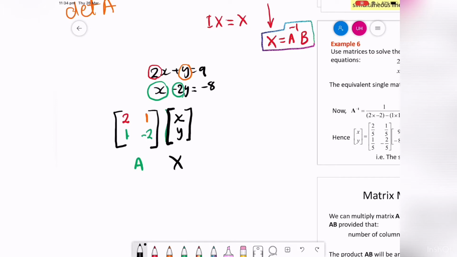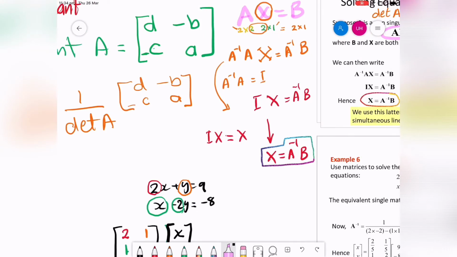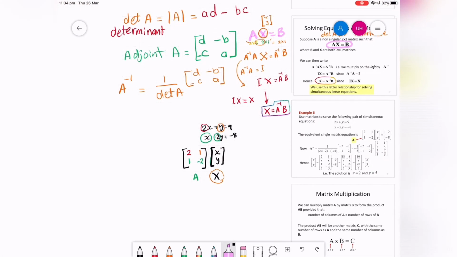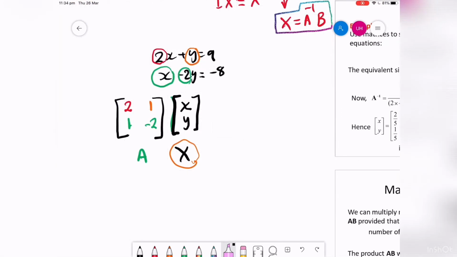By the way, this X here is not the same as this x. They are different, because this X here, the big one, represents the matrix X, which has the x and y variables.